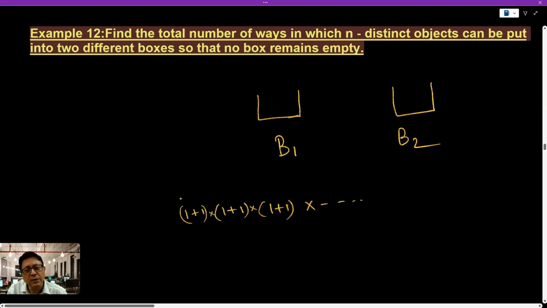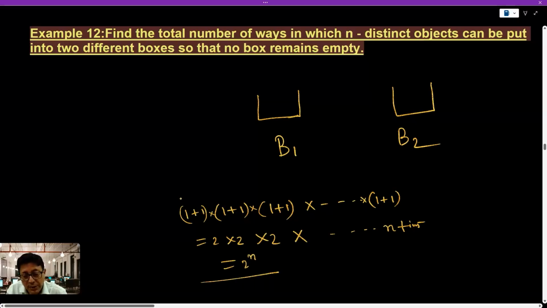Fourth one, fifth one, sixth one, nth one, either first or second. So how many choices? Two, n times. What's the answer? 2 to the power n. Answer is 2 to the power n.